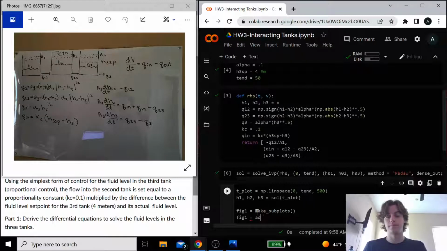So we'll use add scatter. Our x will be our time. Our y will be the height of tank 1. I will set the mode to lines to give us a nice smooth line, and then I will name it height 1.